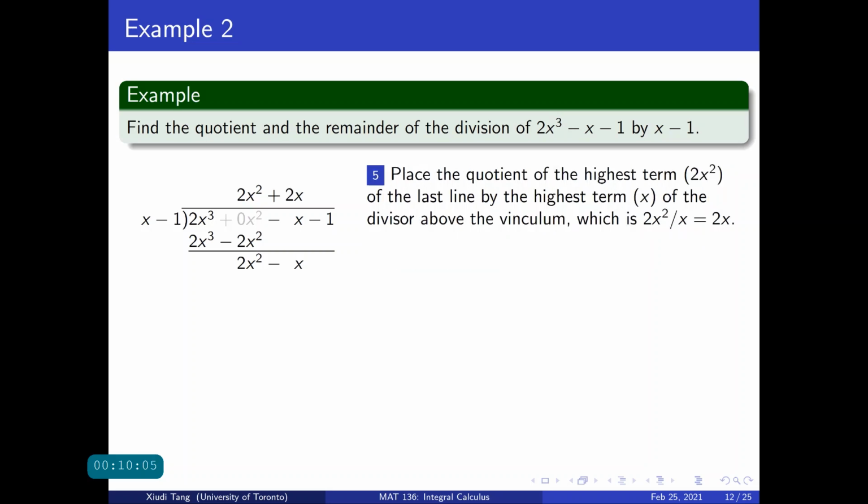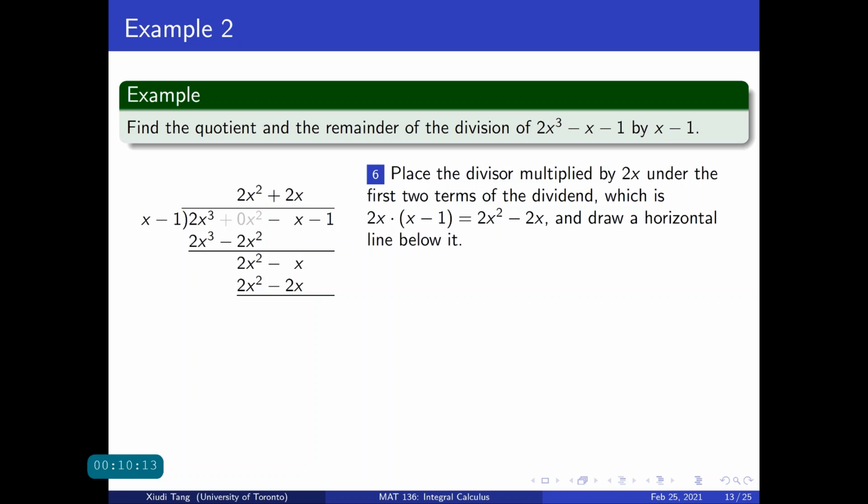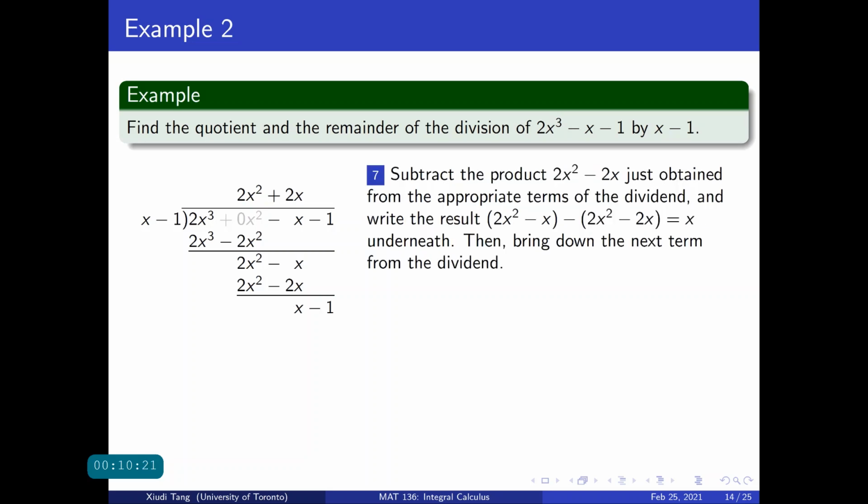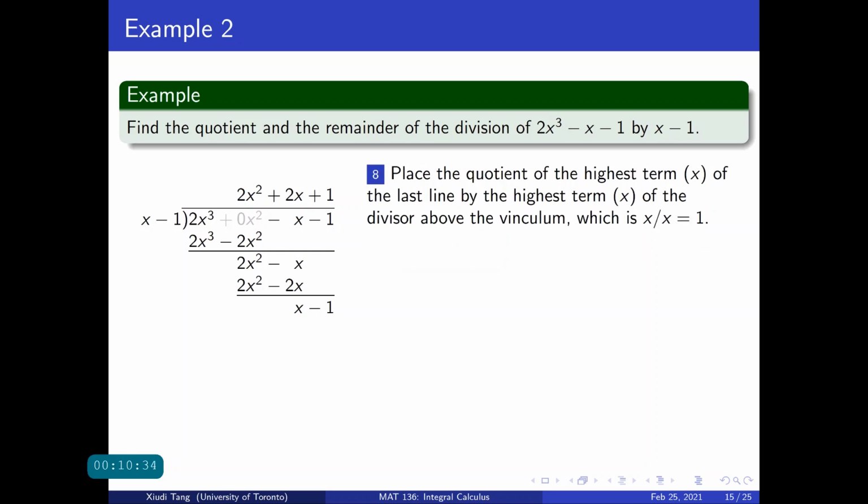And then again, 2x squared divided by x is 2x, and 2x multiplied by x minus 1 is 2x squared minus 2x. We draw a horizontal line again and subtract these two. We get x, and there's a minus 1 term we bring down from the dividend, and then x divided by x.